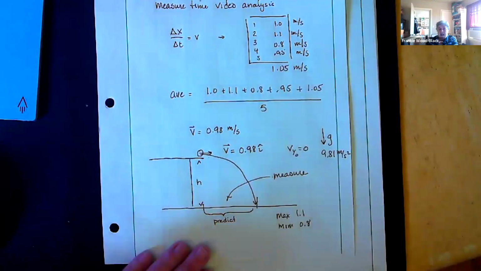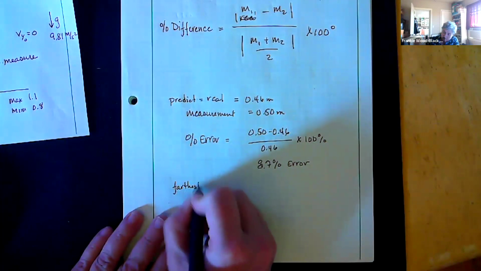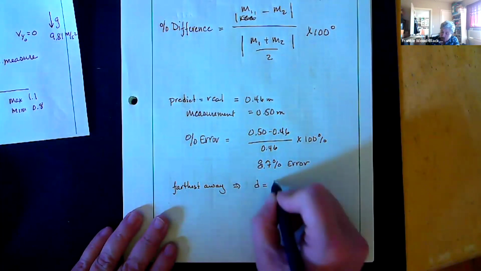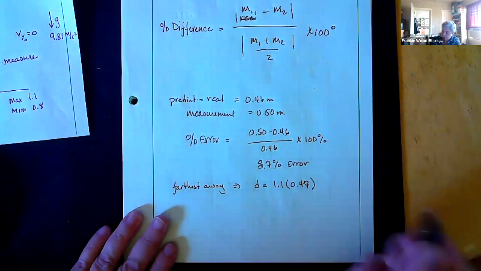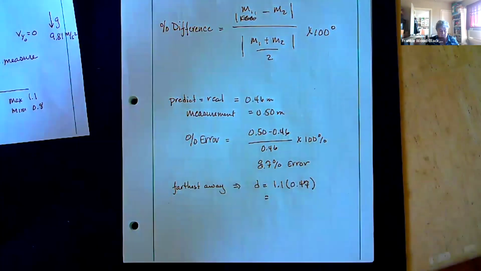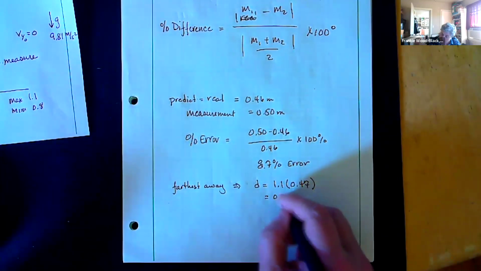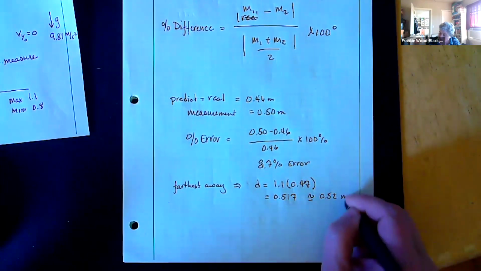So given my 5 runs, I could say what's the farthest away: the distance would equal my maximum velocity times my time, and that would equal 0.517, or approximately 0.52 meters.